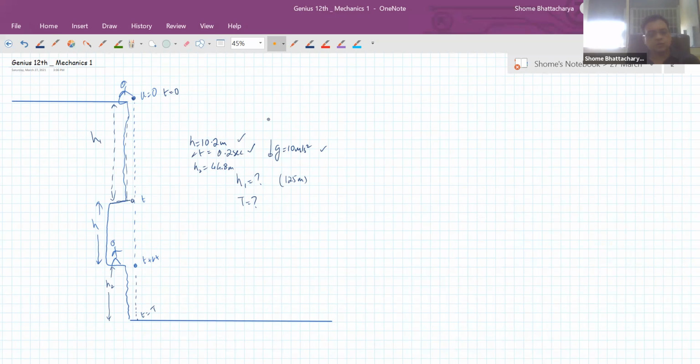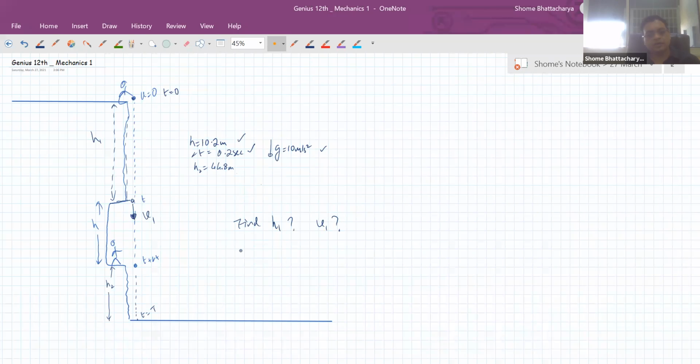What we have to calculate over here is this value h1, that is, what height the ball was dropped from. Then if the ball appeared here with a speed of v1, we have to find the value of v1 also.